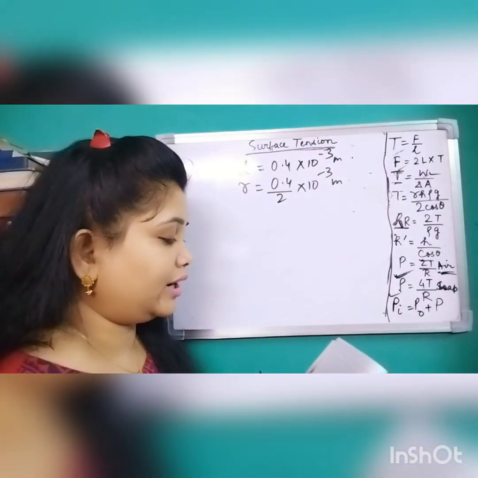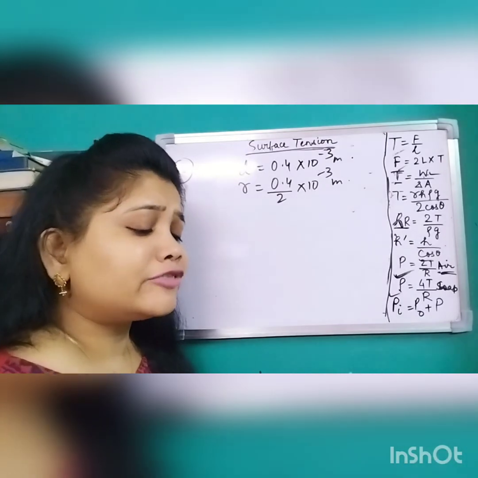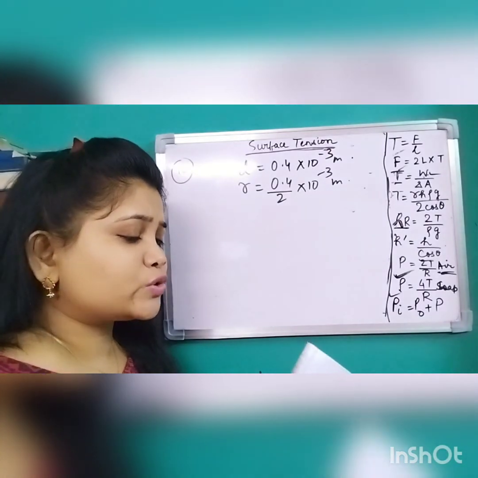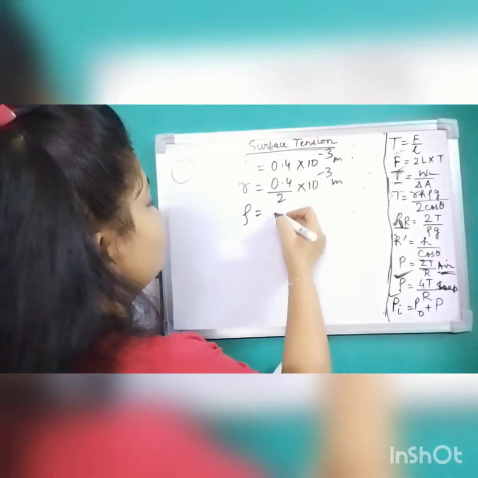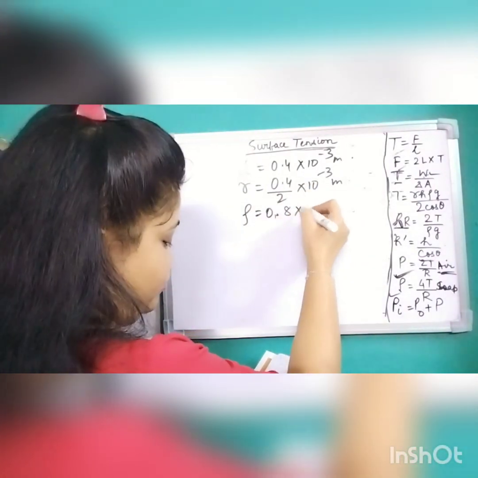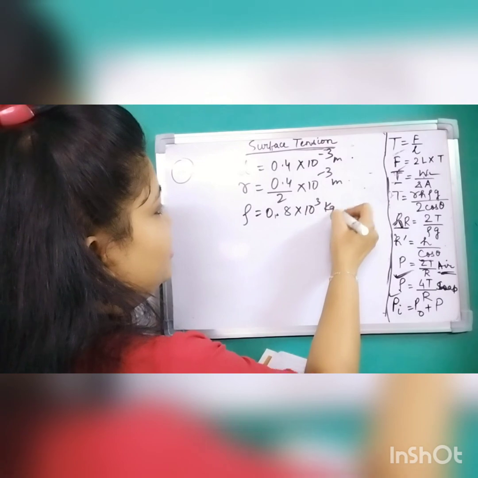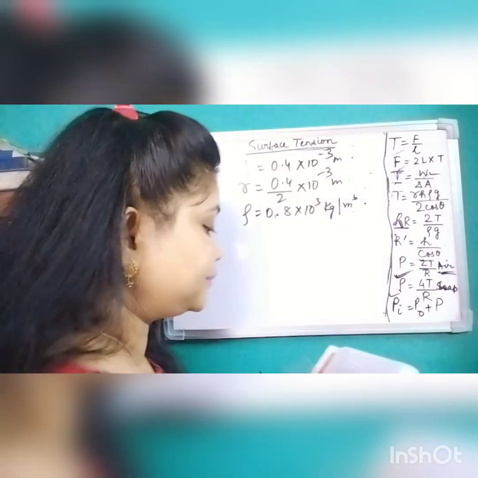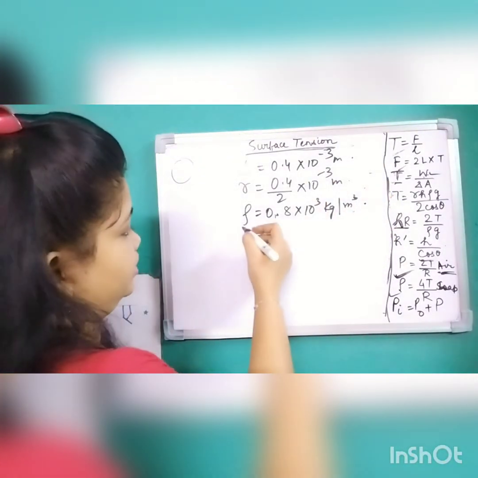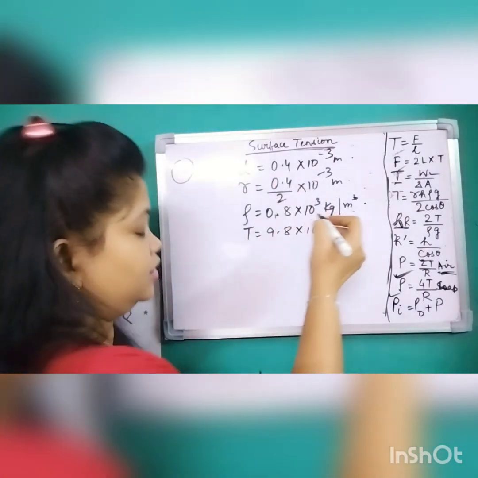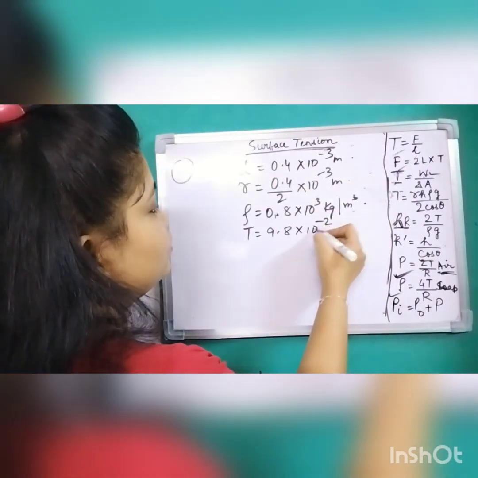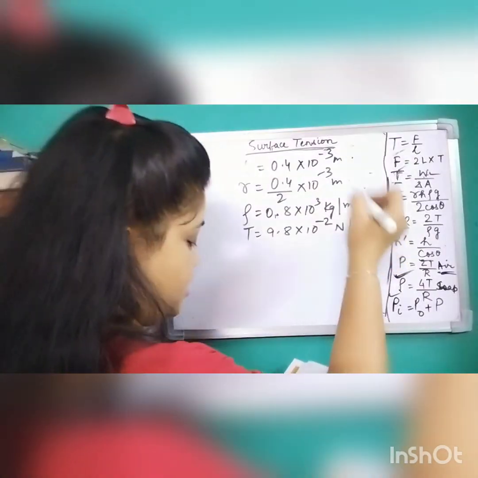It is held vertically in a liquid whose density rho is given as 0.8 into 10 to the power of 3 kg per meter cube, and the surface tension T is given as 9.8 into 10 to the power of minus 2 Newton per meter.